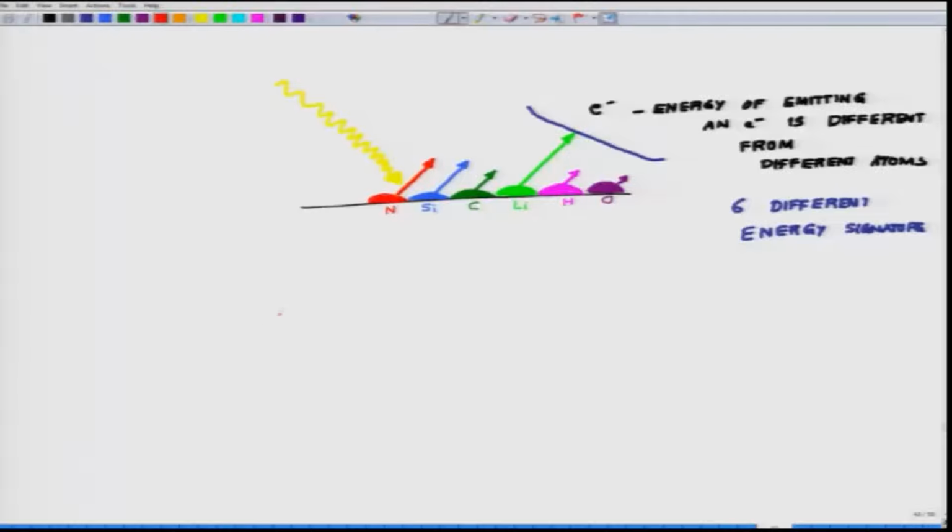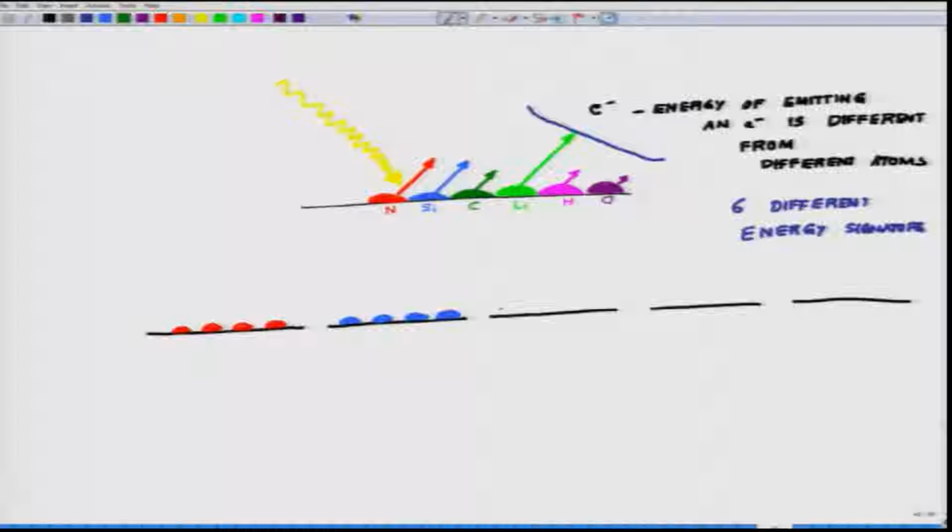You do the same experiment with pure substrates.